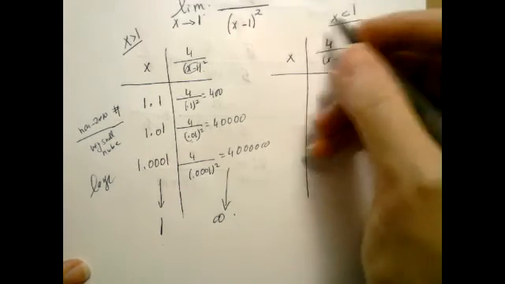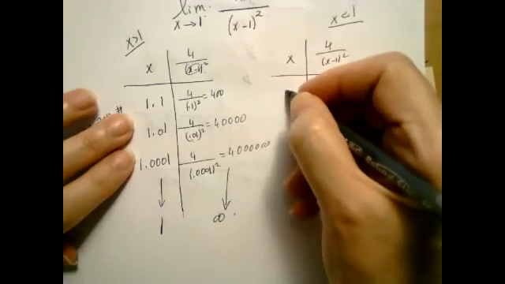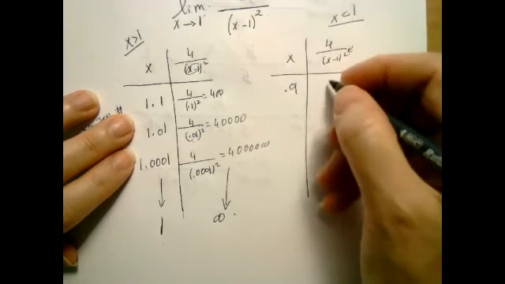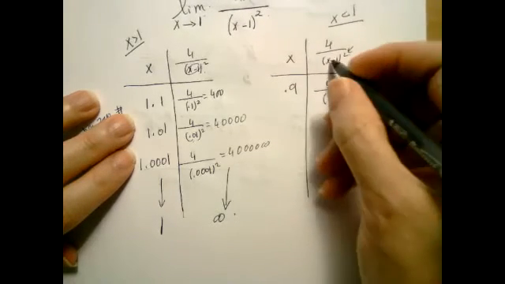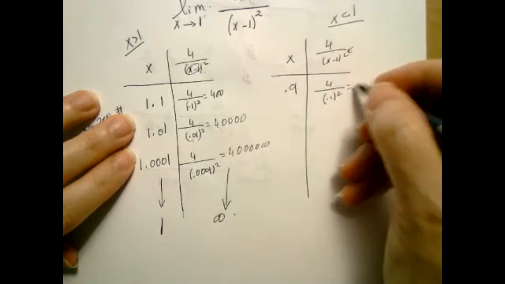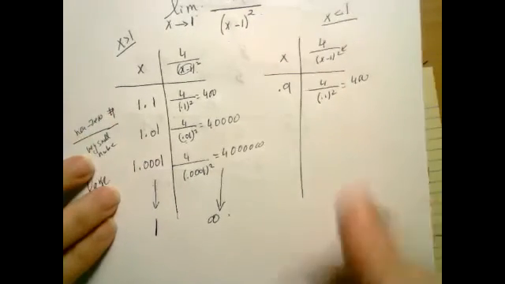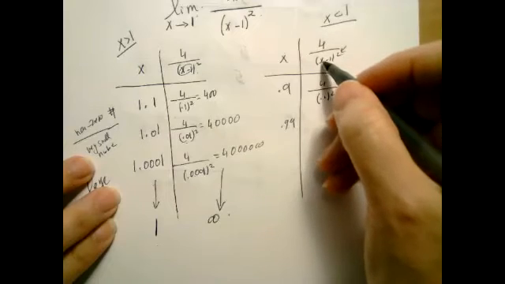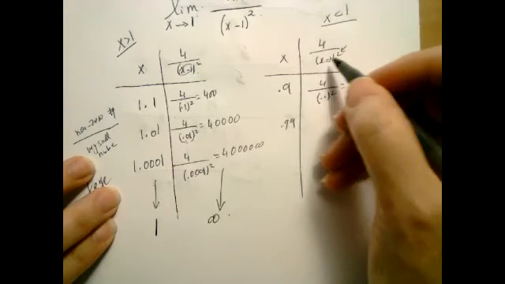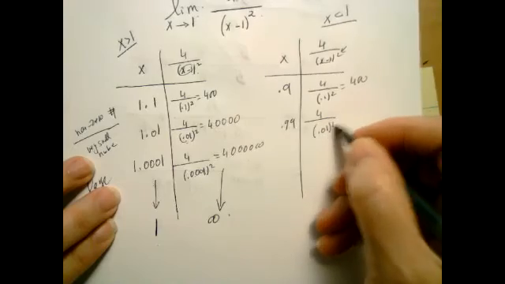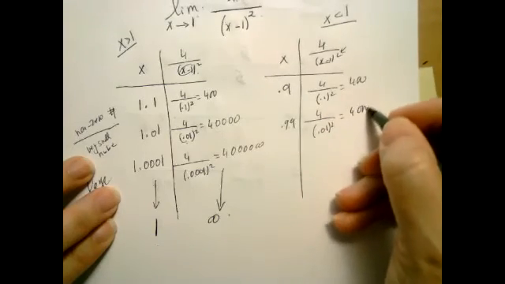Now, if I take values less than 1, the picture will not change because I have a square in here. If I take 0.9, I will have 0.1 squared, which is going to give me again 400. So even if I take values close to 1 but less than 1, the denominator is still very small, and since we're squaring it, this is going to give me another large number.